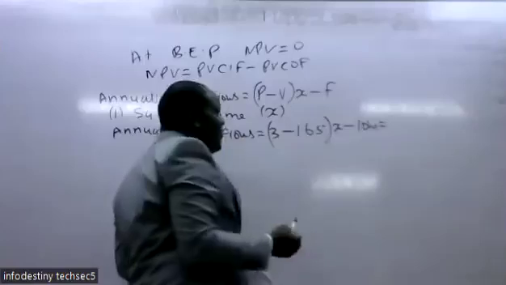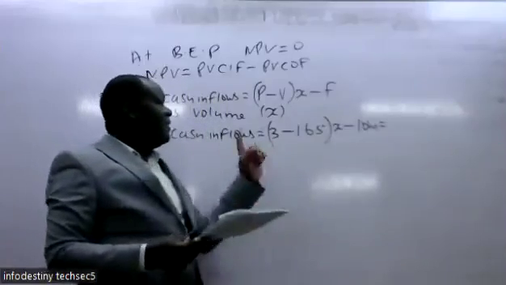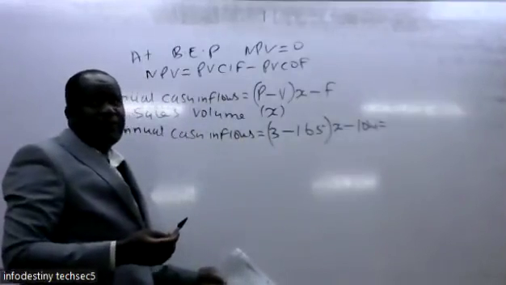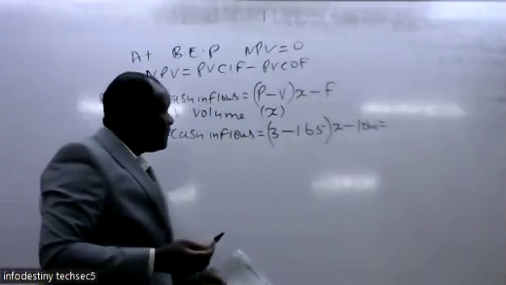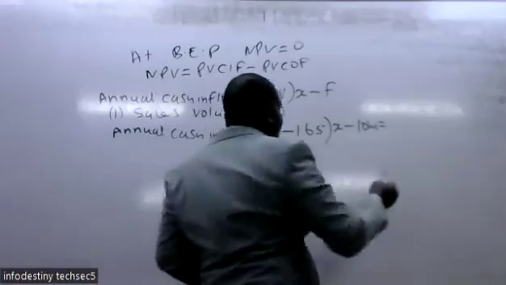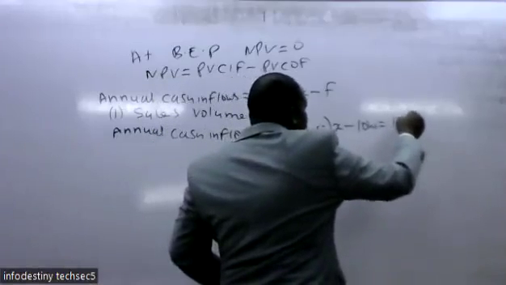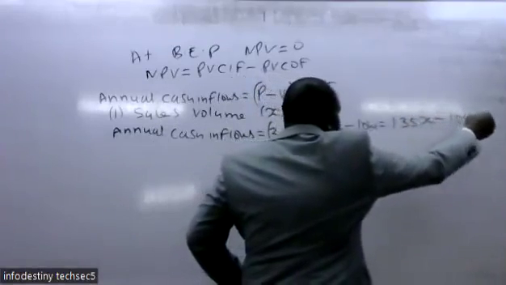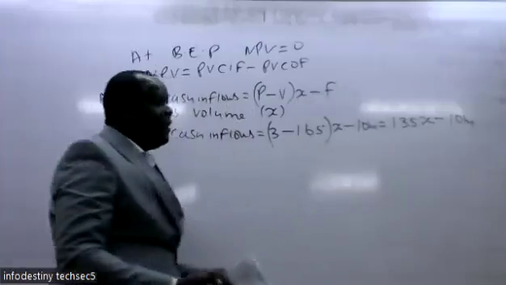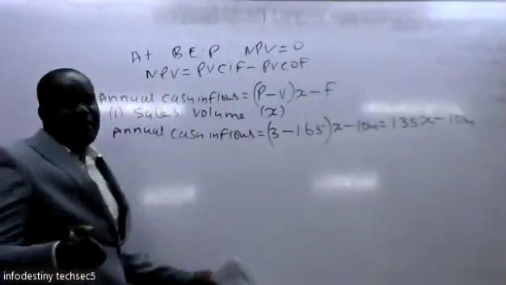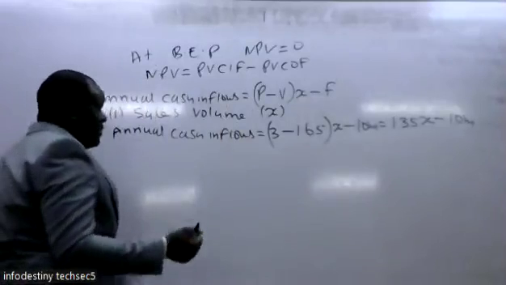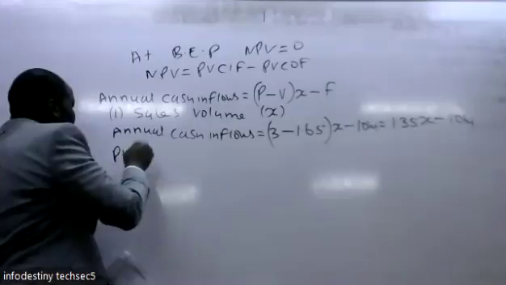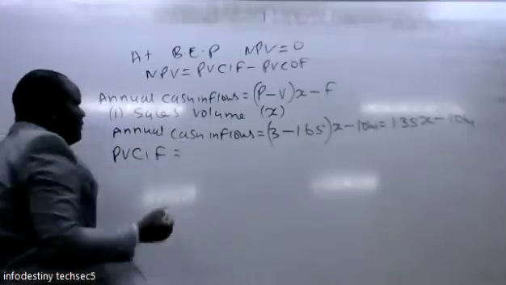When we open the brackets, 3 minus 1.65 gives 1.35X minus 10 million. So that's now our annual cash inflows.